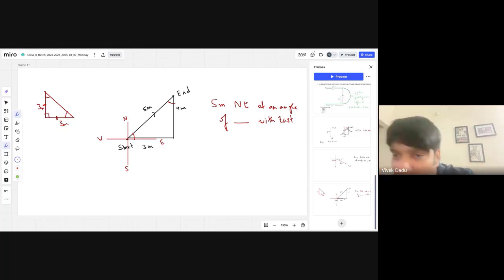Okay. So now using this angle, can you report finally what is the displacement? Just see it at least once. What she got. Show her once.